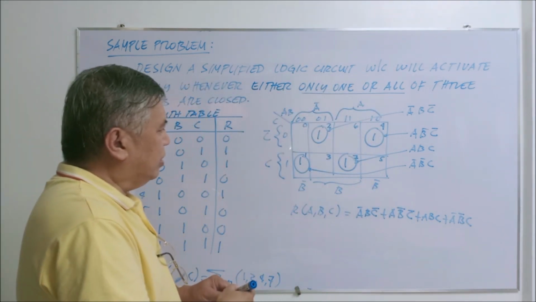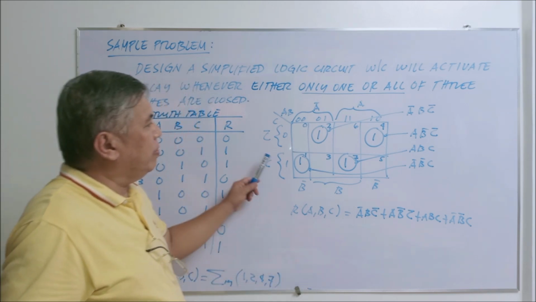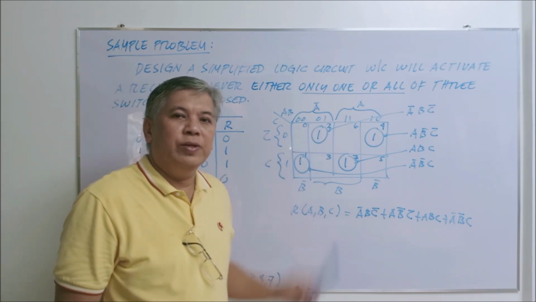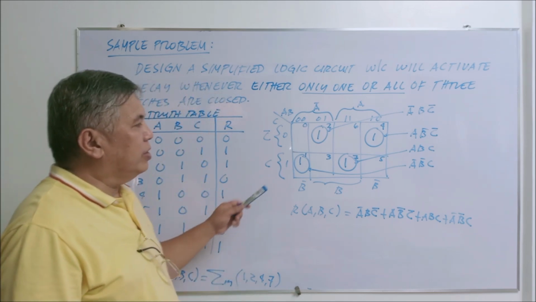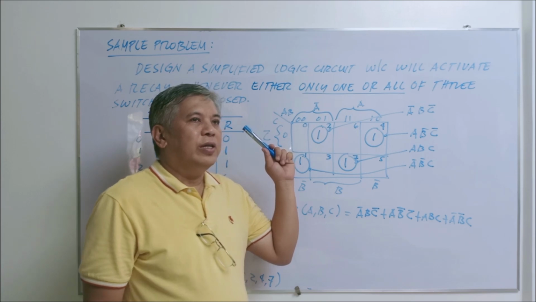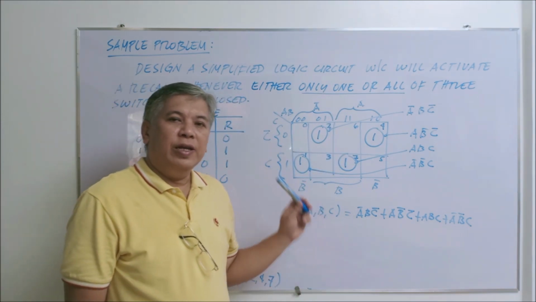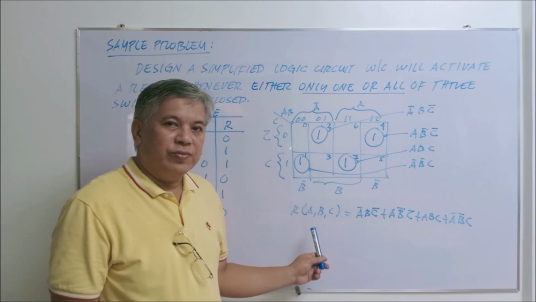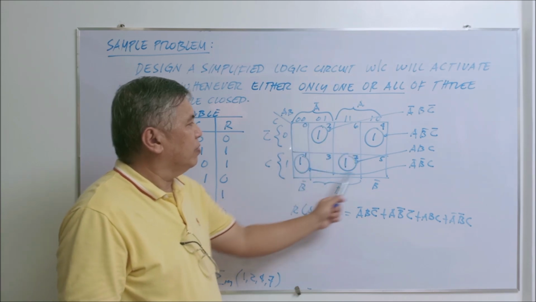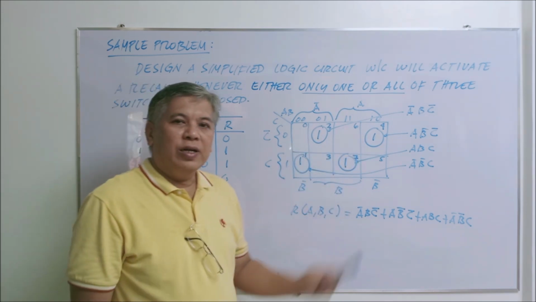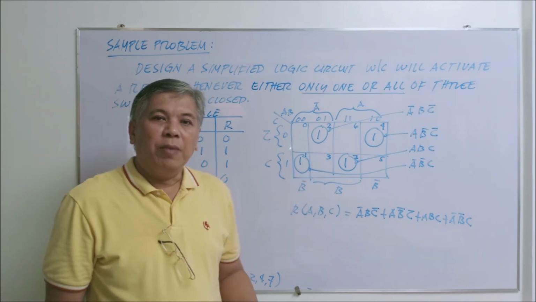If you notice, the equation that we derived this time is the same as the equation that we had in the last discussion. In other words, the equation that we derived that time was already a simplified logical equation, since they are the same. Why? Because there are no adjacent cells present in your K-map.